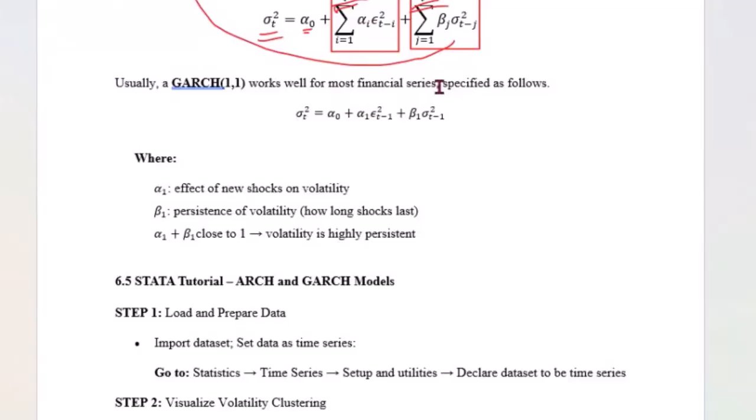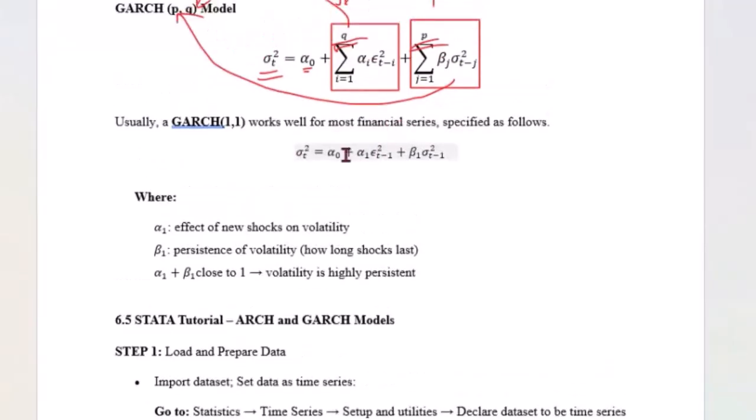Usually, the GARCH(1,1) model works well for most financial time series. It will be like this: the current volatility is given by the past shocks at t minus 1, because we are considering Q is 1, plus the past period's volatility at t minus 1, because we are saying P is also 1.